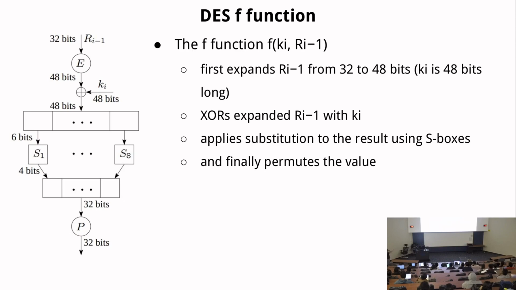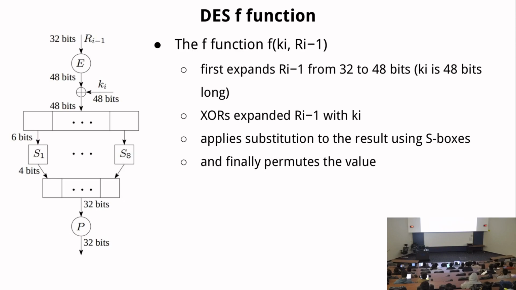So this part will be 48 bits and 8 chunks. Each chunk is 6 bits. Then for each chunk, it depends on the position. The first 6 bits will go through S box 1.